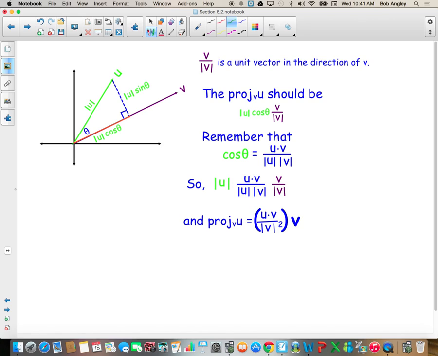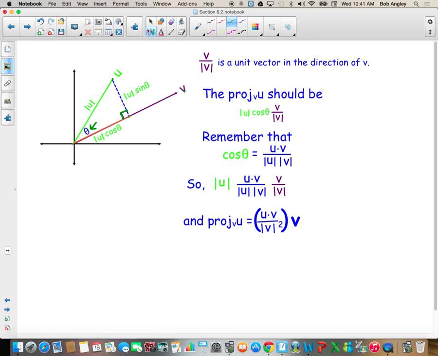Right here is the vector v. Here's the angle theta, and then we drop the perpendicular right there. So now we know all of the following because this is a right triangle.